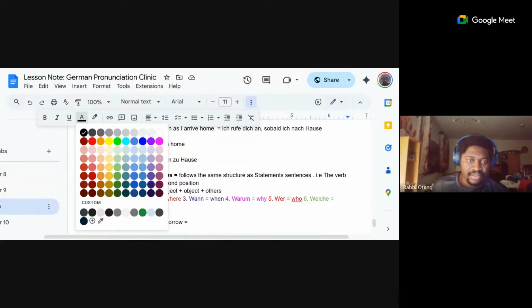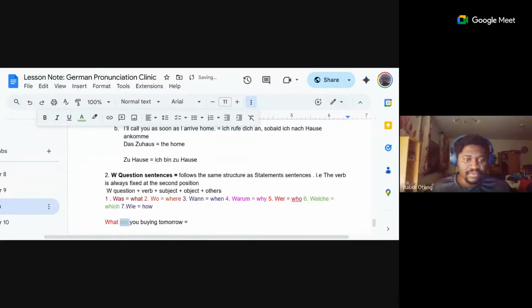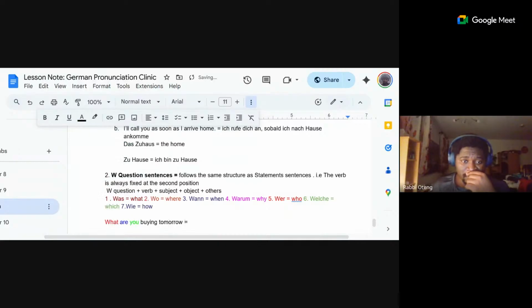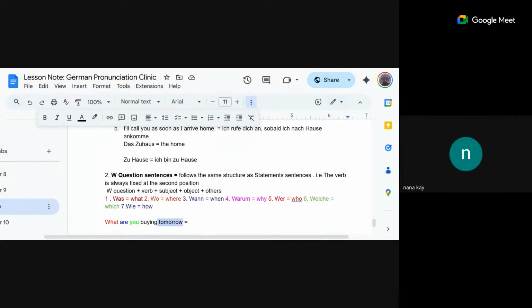The verb here is "kaufen". Then the subject. The subject is good enough. And then buying is the main verb in English, but then the helping verb.